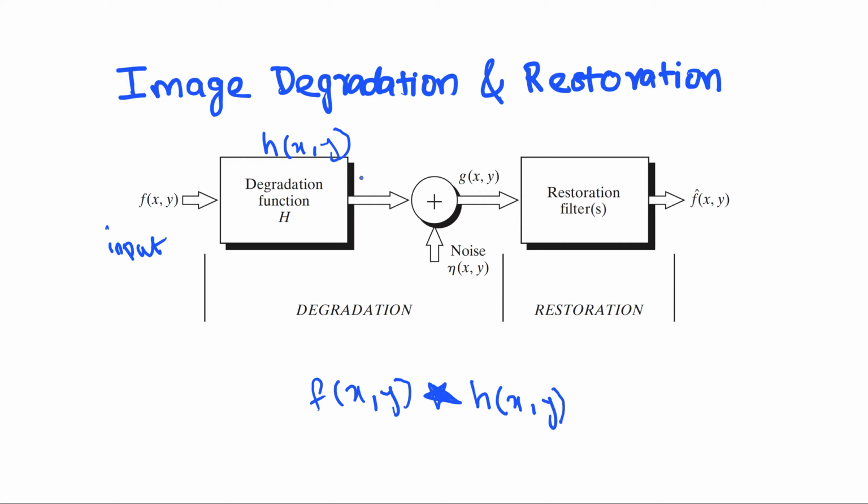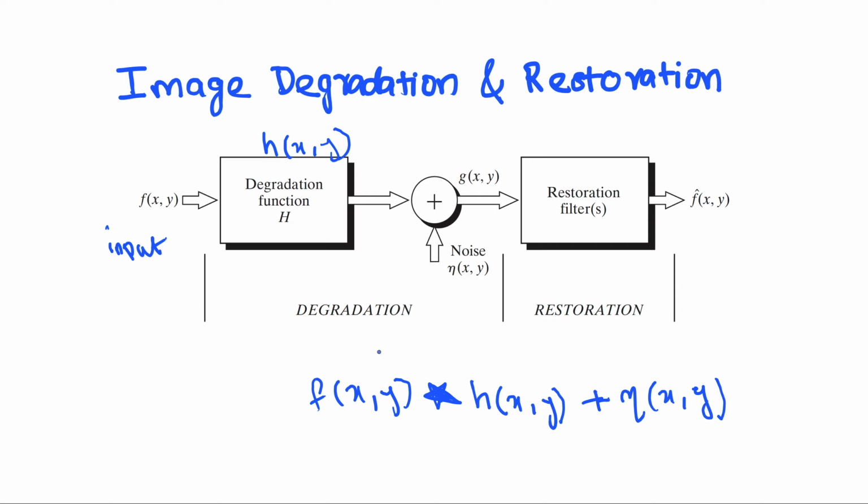Then at the output of this one, we are adding some more degradation, that is the additive noise. I am writing this noise as eta of x, y. This additive noise can be produced due to some inaccuracy or some problems with the image sensor, so that can be modeled as additive noise with the function eta of x, y. I'm calling it additive noise because we are actually adding this noise into the degraded image.